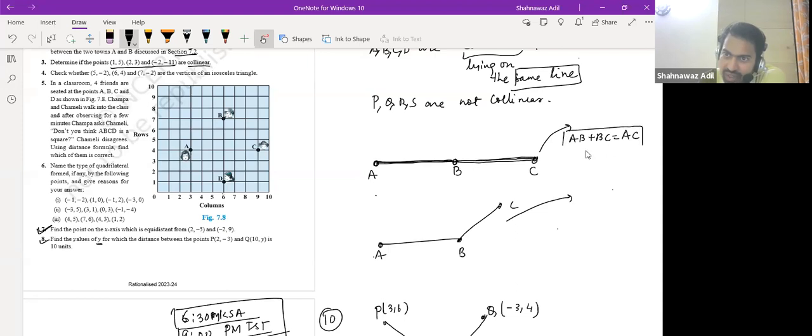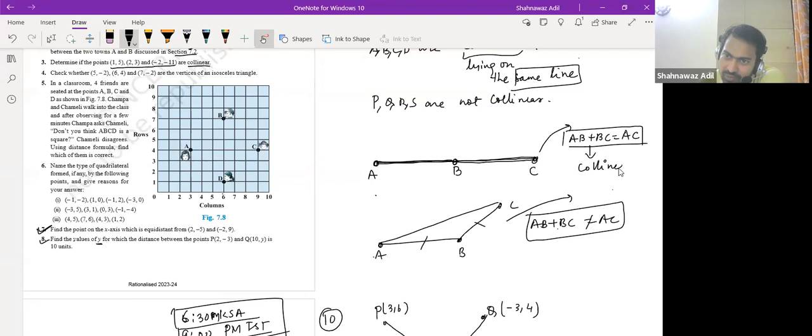When this happens, because they are collinear, I can write AB plus BC equals AC. But for this case, can I write AB plus BC equal to AC? No, because this would always be the smaller side. So if I add this one, this would be greater than this, so not equal to AC. For collinearity, I'll have to prove AB plus BC equals AC. So did you get this point?